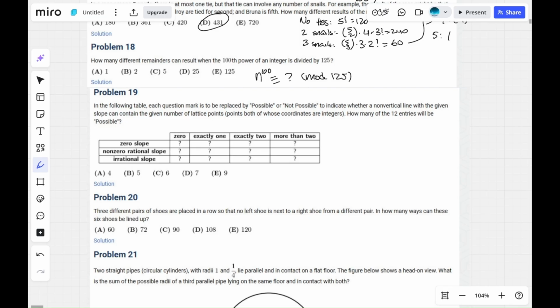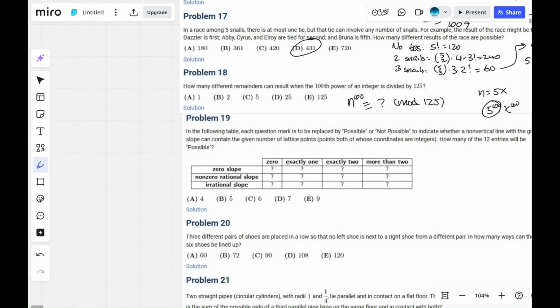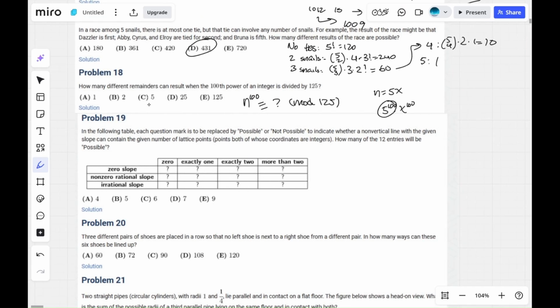If n is a multiple of 5, then n to the 100 is congruent to 0 mod 125, because we can write n as 5x, so then it would be 5 to the 100 times x to the 100, and that is a multiple of 125. So a possible remainder is just 0.